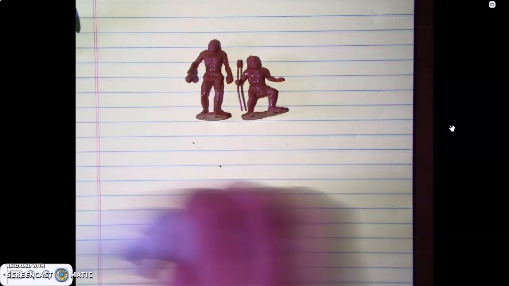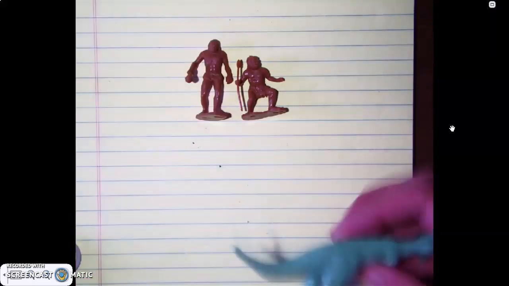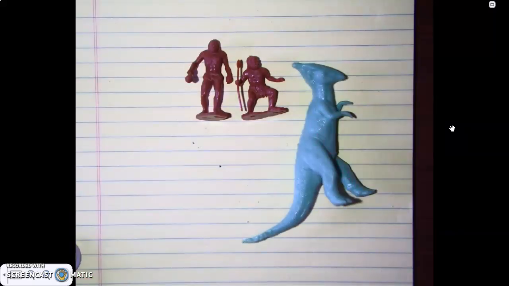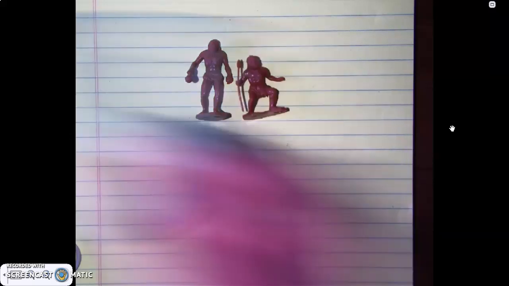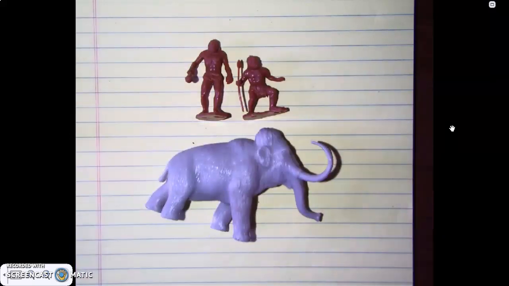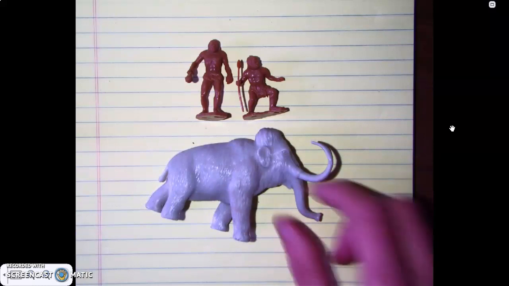There's no way that humans and dinosaurs ever coexisted. Humans could not have possibly hunted dinosaurs. Humans, and even the earliest of humans, lived millions of years after dinosaurs came into being. But, that being said, they probably did hunt the woolly mammoth and the mastodon.